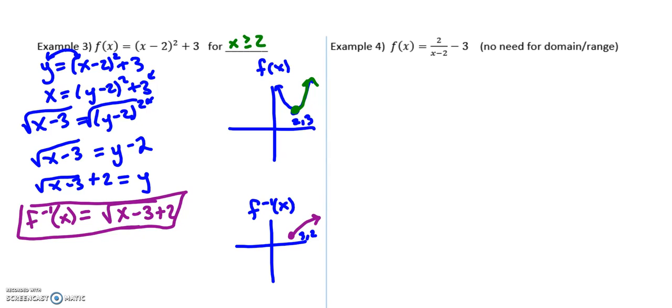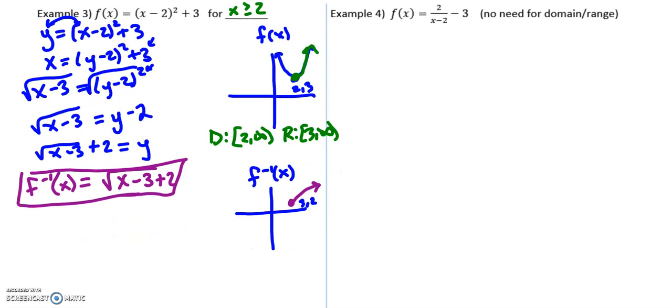Now if I look at the domain and range, this is where it gets kind of interesting. The domain of my original, I said, was from 2 to infinity because I cut it off. And the range is from 3 to infinity, because it starts at the 3 and goes up.